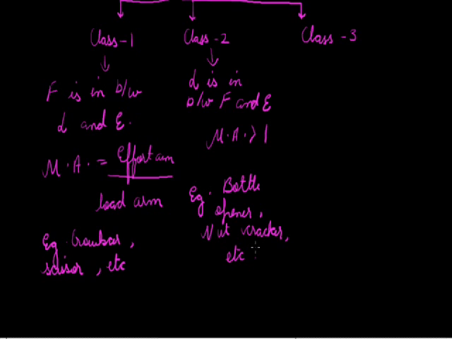or in third class lever, effort is in between the fulcrum and the load. So, effort, that is E, is in between F, that is fulcrum, and load, that is L. Due to this, its mechanical advantage is always smaller than 1, because the effort arm is always smaller than the load arm.